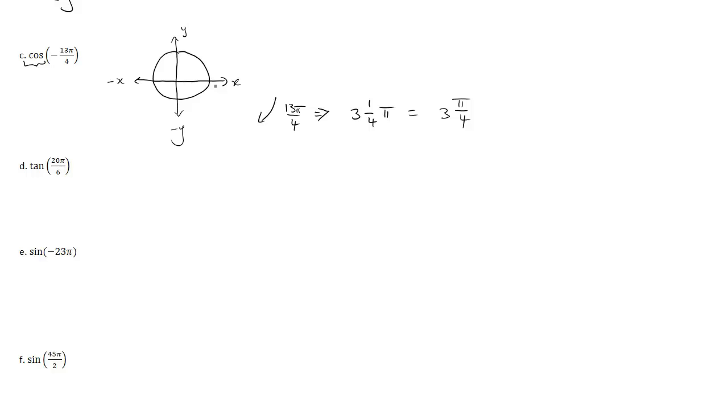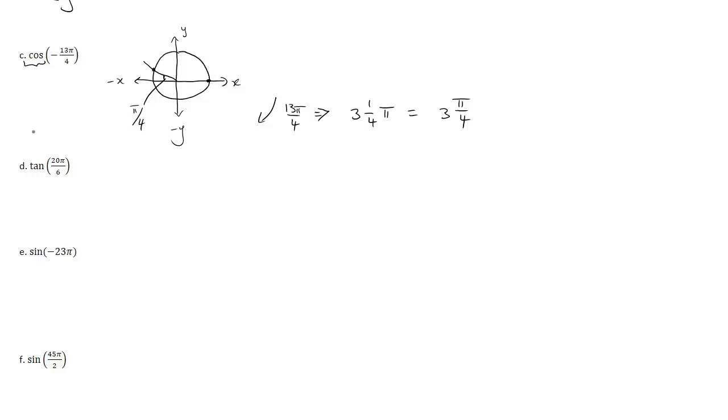So you're doing 3 rotations of pi, and then you're going by a quarter pi. So 1, 2, 3, and then an extra quarter. So you're ending up there. That's pi on 4.